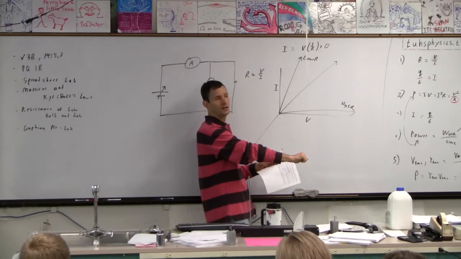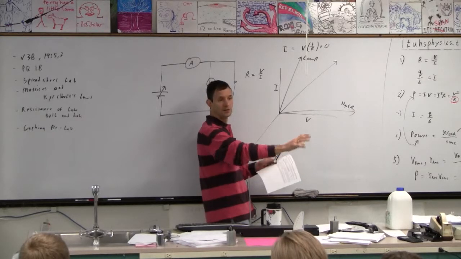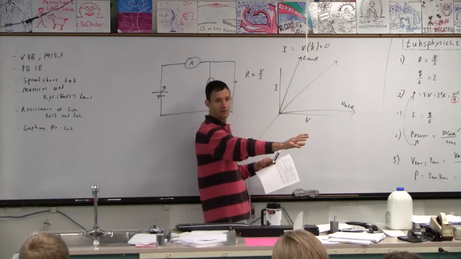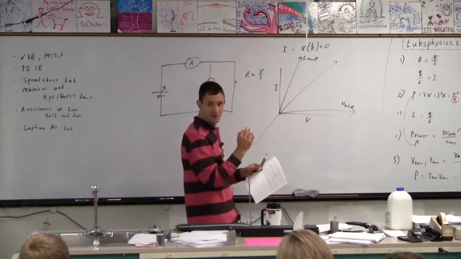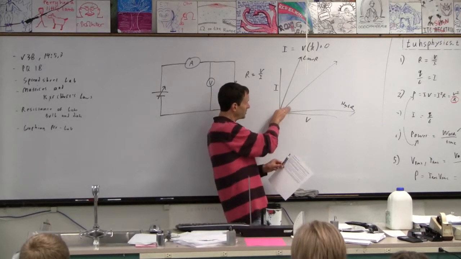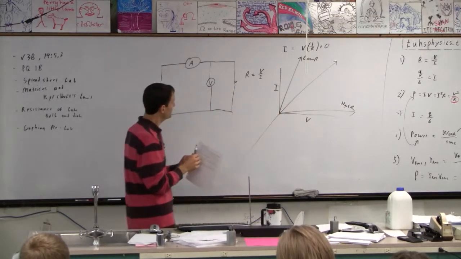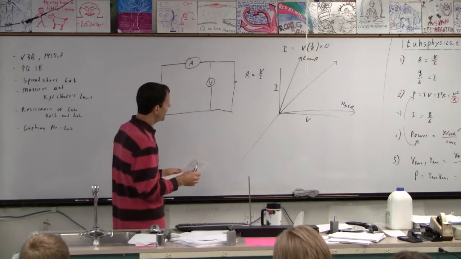Well, isn't it okay to get 0.019? Yeah, that's okay. It's close to 0.02. Just write down 0.019 and write down what the current really is, okay? So don't spend a lot of time, but just get in that neighborhood. And the reason I do that is just that the actual change in resistance happens in a narrow range, and I want you to see it. So that's cool, right?